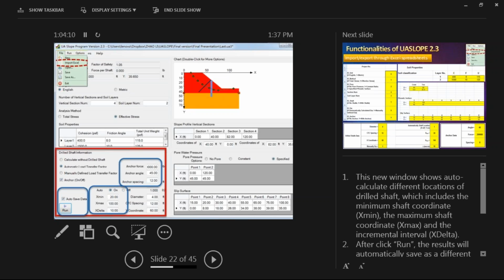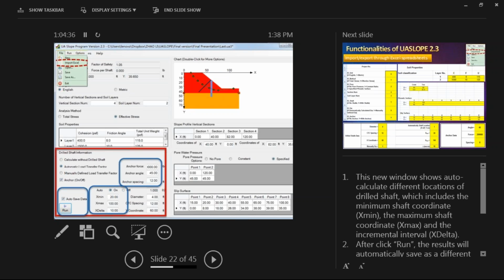Okay, so the rest are similar. You define the slip surface location, you define the pore water pressure in terms of groundwater table or piezometric surface, or pore pressure ratio. All these are typical in a commercial software program. You define the soil properties, the different soil layers, with this window here, and geometry of the soil profile defined by the vertical sections.